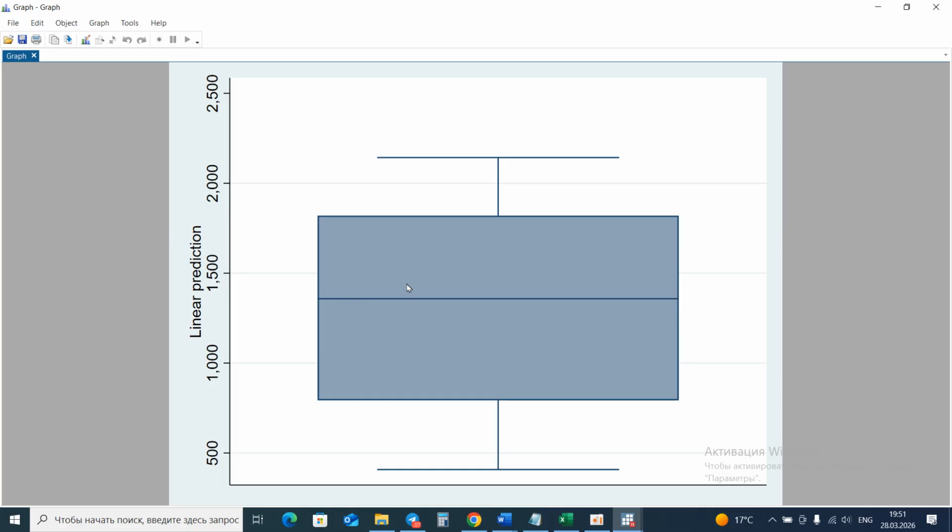The median here is roughly centered in the box, so the distribution is fairly symmetric. No extreme outliers are here, which is a good phenomenon.